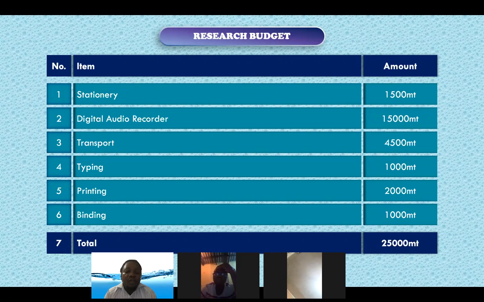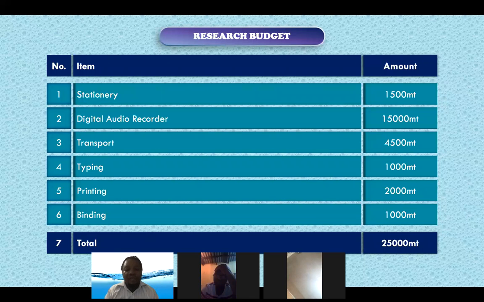You need to have your dissertation or your research project typed. If you don't have a laptop, maybe you go to Makininu to get your project typed. You need to pay those people to type your project, right? So maybe you are going to budget 1,000 for typing.